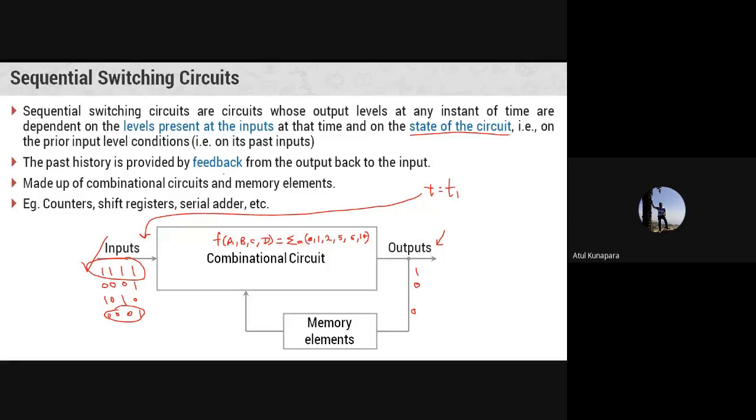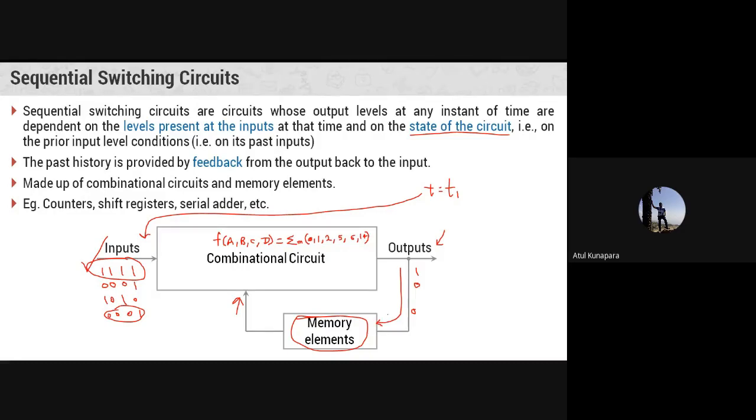Combined, this is known as the sequential circuit. In sequential circuits, your inputs are there as in the combinational logic circuit, and you are also giving one more input from the memory element. Now this memory element will store the output which was coming here.